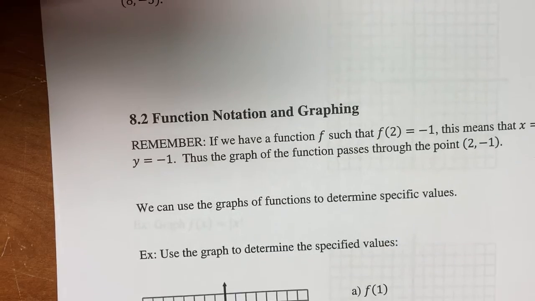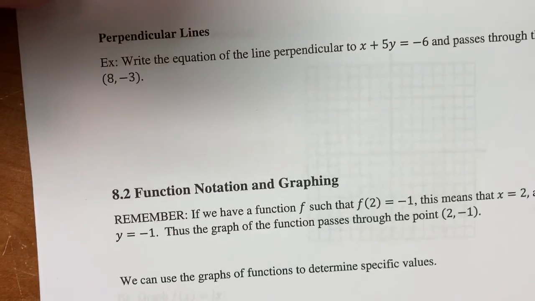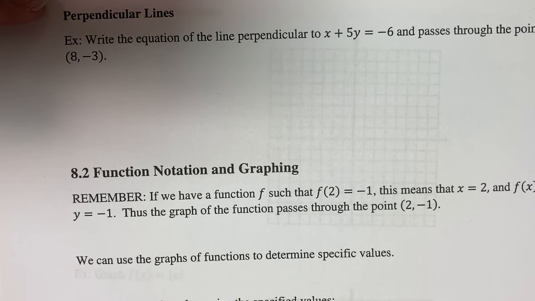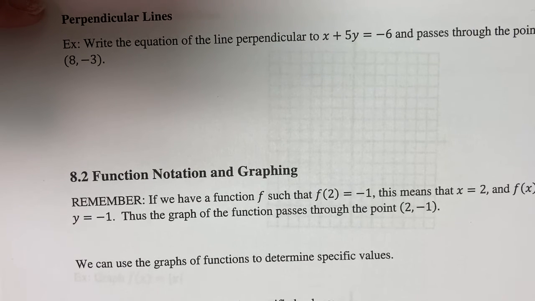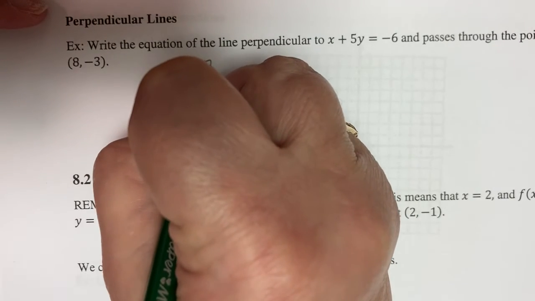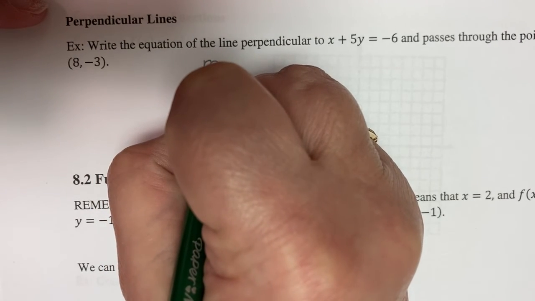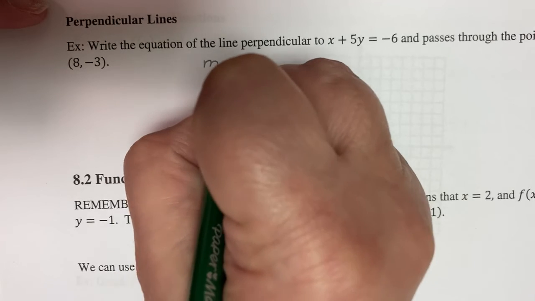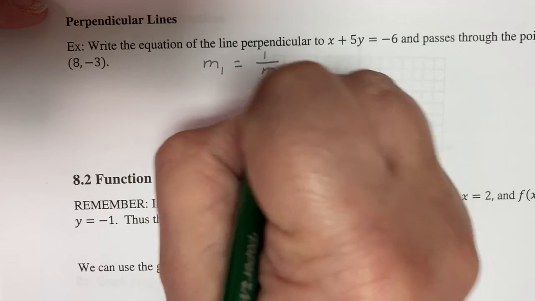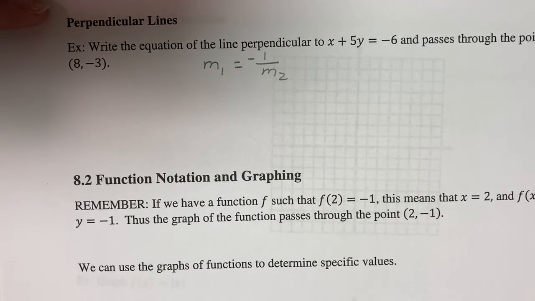All right, we're on to perpendicular lines. So if you remember, perpendicular lines are two lines whose slopes are opposite reciprocals of one another. So if you have the slope of one line, and if they're perpendicular, it means their slopes are opposite reciprocals. So you change the sign and you take the reciprocal.